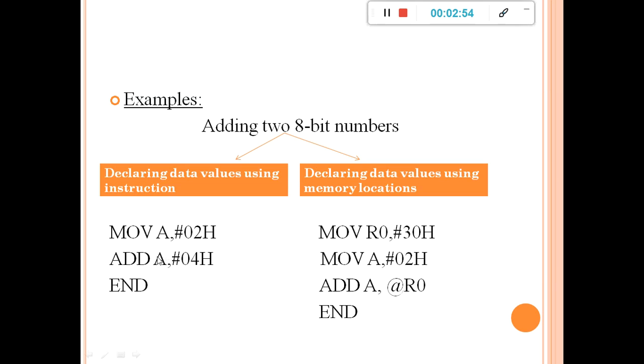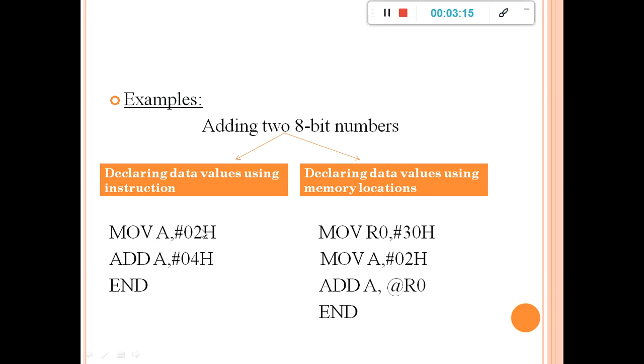Now you are adding the content of the accumulator with the immediate data. One more 8-bit data I took here is 04. This 04 is going to be added with the data which is present in the accumulator. What is the data present in the accumulator? That is 02.